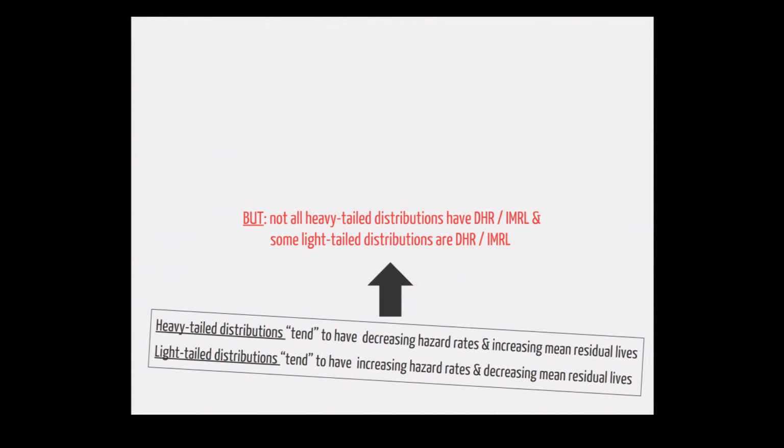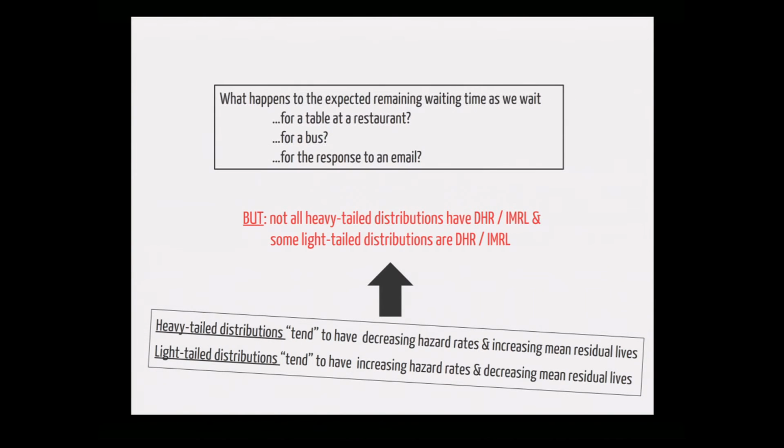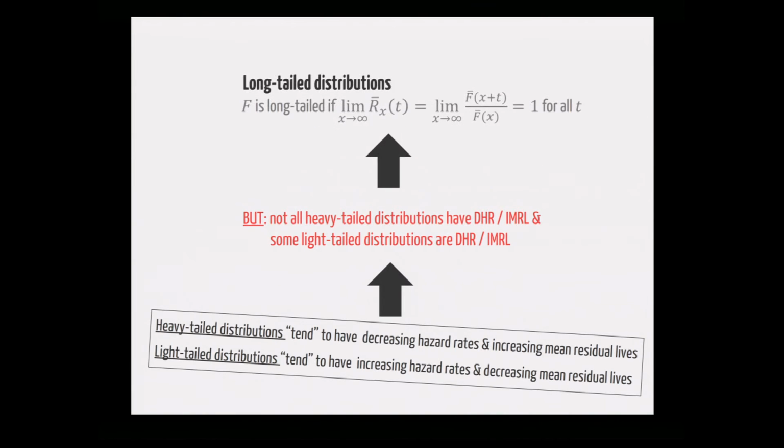Not all heavy-tailed distributions are monotonic in this way, and some light-tailed distributions can have the opposite behavior. So this alone isn't the way that you characterize this stuff. And this comes up, right? The bus wasn't monotonic, the email isn't monotonic, but they're eventually increasing, and so they probably have the heavy tail at the end of the day.